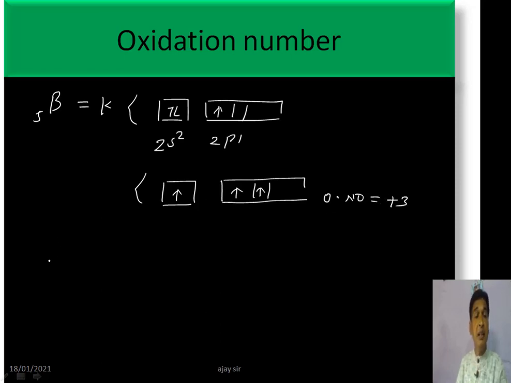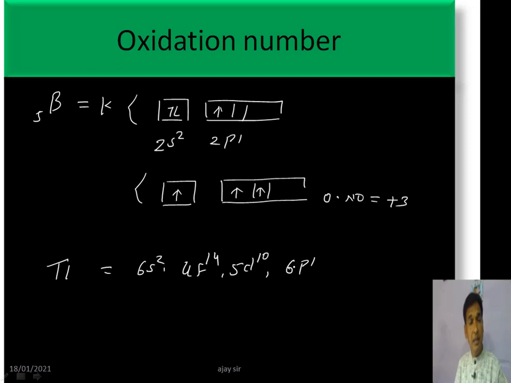But in the case of thallium, the 6s electrons are strongly attracted by the nucleus of thallium, because of the effective nuclear charge, with 81 protons contained in the nucleus. The 4f and 5d subshells are large in shape and do not protect the 6s electrons from the attraction of the nucleus. Then the 6s electrons are strongly attracted by the nucleus and do not participate in the bonding process or exhibit the oxidation number.